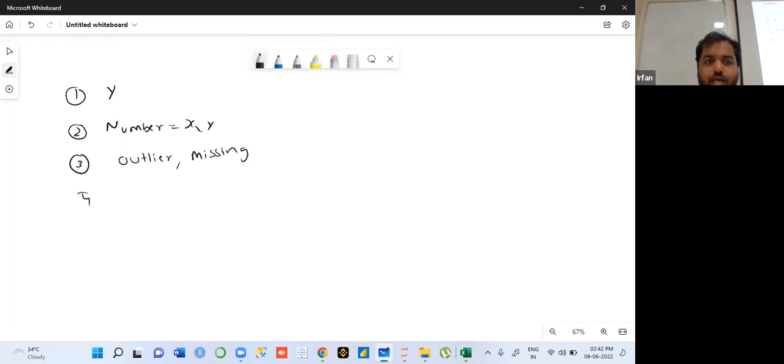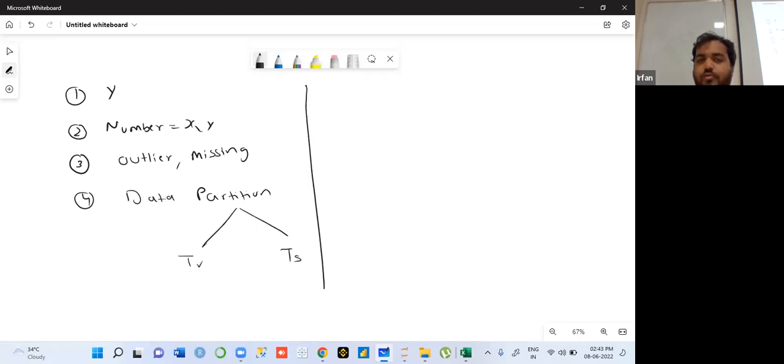Here, I just added data partition. What does data partition do, guys? It splits train and test. ये हो गया. Next, we start working only on train. इस पे हमने क्या compute किया? Then we compute the model.